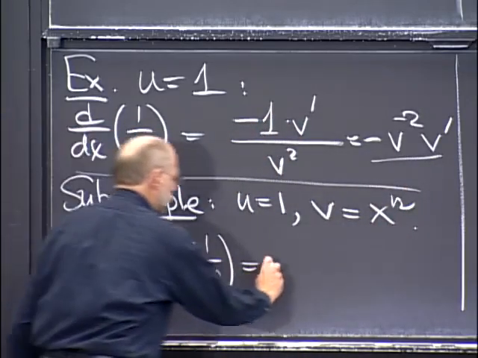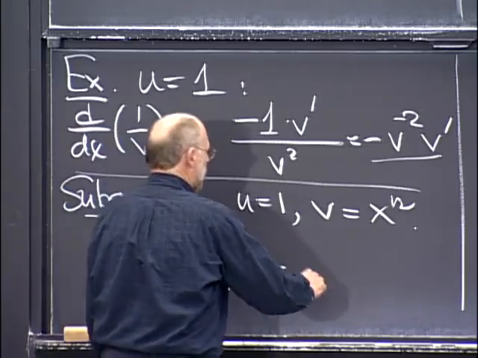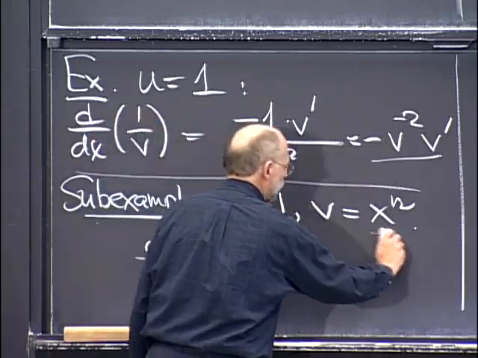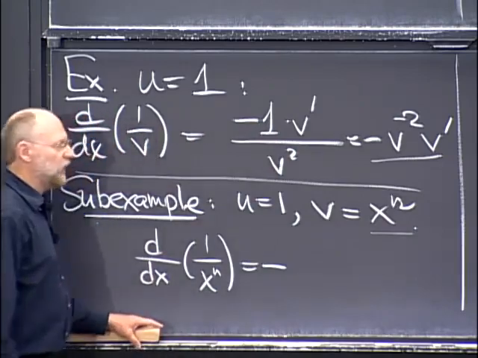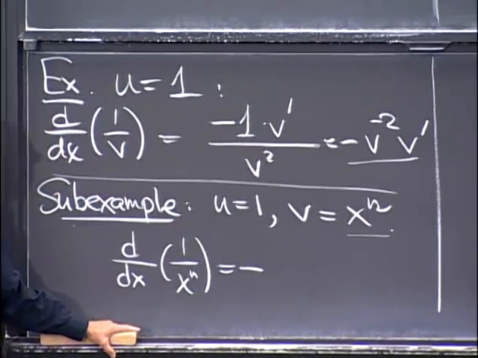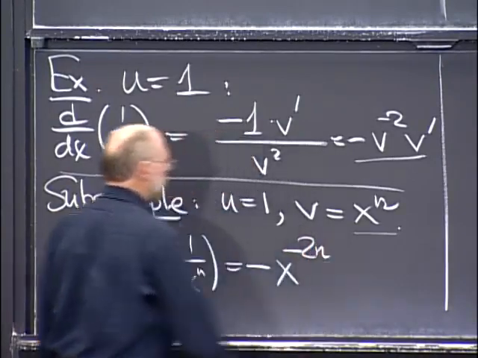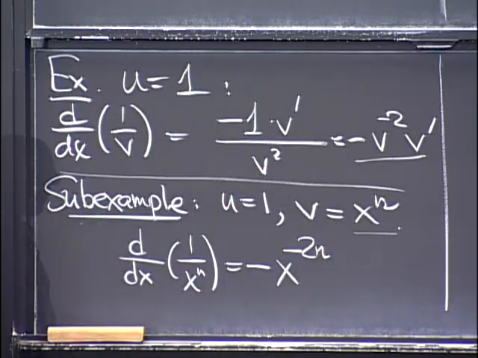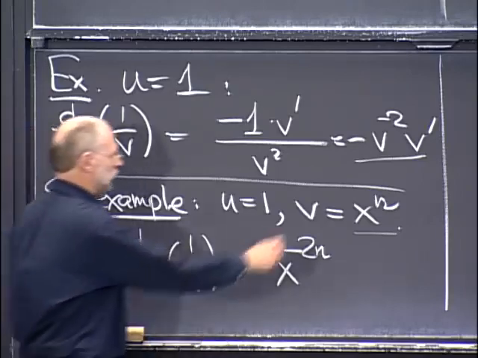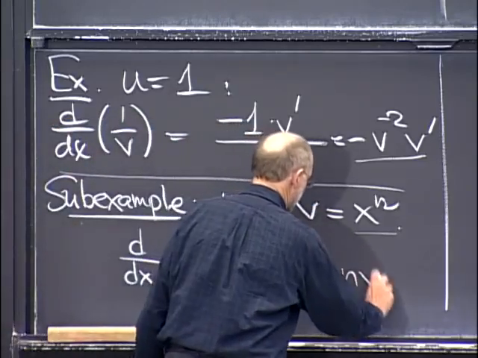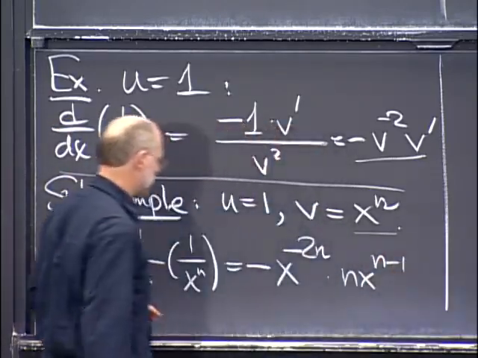So I get minus v to the minus 2. All right, if v is x to the n, v to the minus 2 is, by the rule of exponents, x to the minus 2n. And then v prime is the derivative of x to the n, which is n x to the n minus 1.